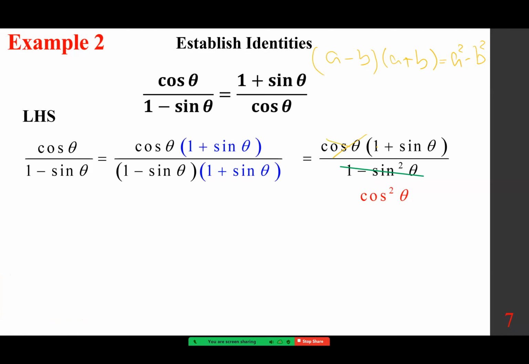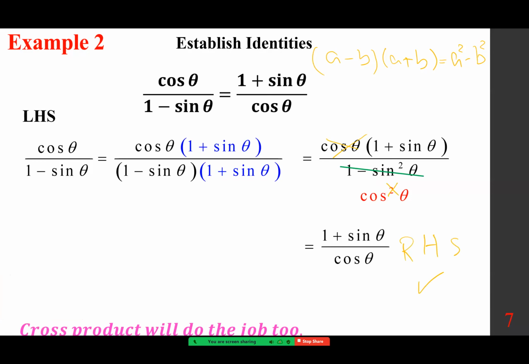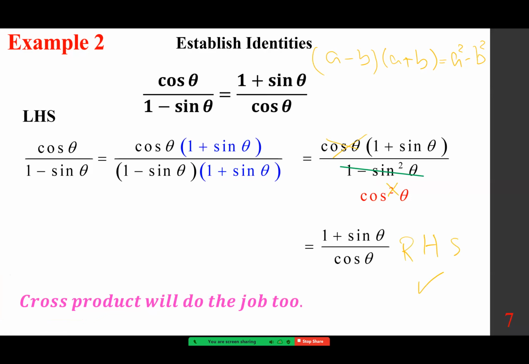We can get rid of the cosine at top and the exponent at the bottom. And as you can see, this is the right-hand side, and it checks. And of course, cross product will do the job. You can try it. I'm going to leave it for you to try on your own. It's very straightforward, everybody.